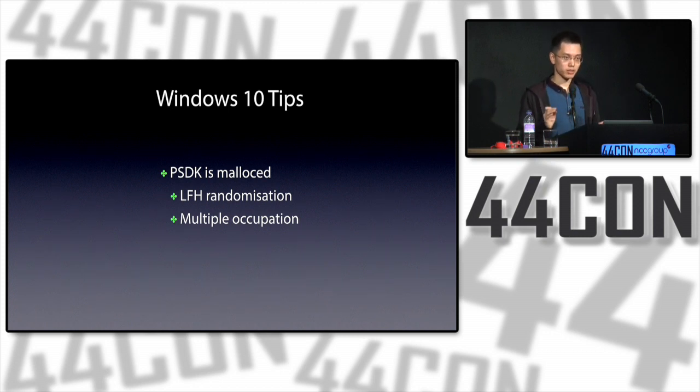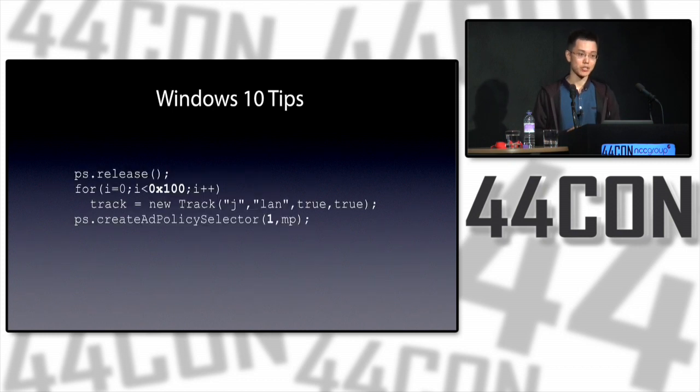These demonstrations are all just observations from my experiments. It is not a full reverse engineering of NTDLL to see how the low fragmentation heap works, but it does work for my exploitation. So after PSDK is released, we can construct the track hundreds of times, and it will make sure the memory of PSDK is occupied.